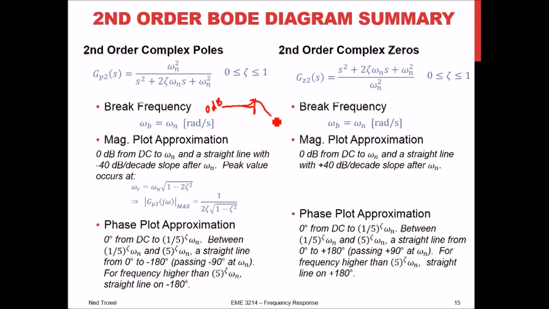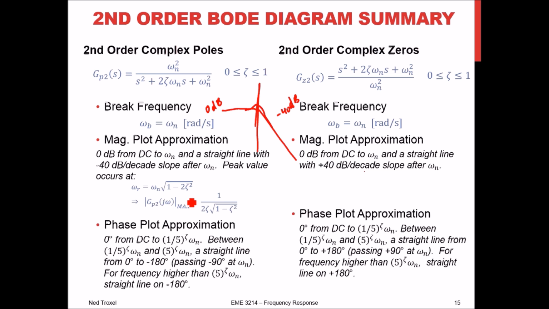And then after that, we want to go down at minus 40 dB. The easiest way to draw this is to put in 0 to there, and minus 40, and then maybe work that in later by calculating it out on the graph. I want to make a point that that maximum does not actually occur at omega n, but it occurs at omega n times the square root of 1 minus 2 zeta squared.